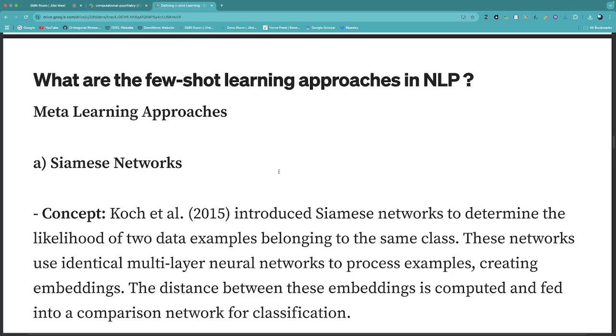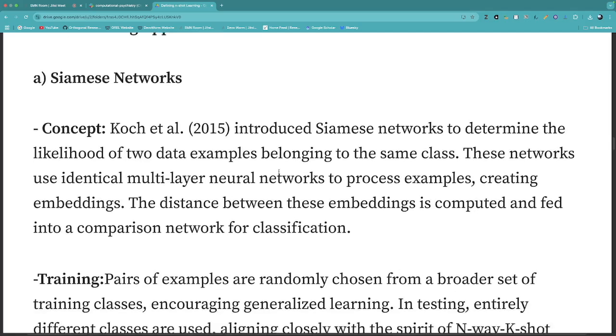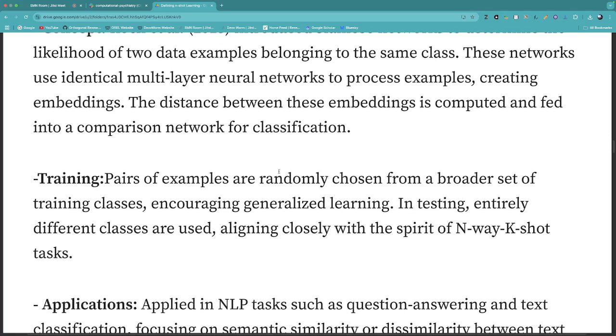The distance between these embeddings is computed and fed into a comparison network for classification. In training, pairs of examples are randomly chosen from a broader set of training classes, encouraging generalized learning. In testing, entirely different classes are used, aligning closely with the spirit of N-way K-shot tasks.